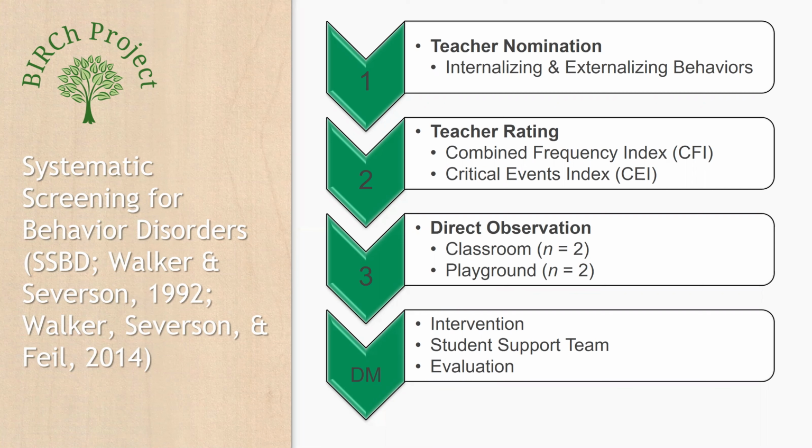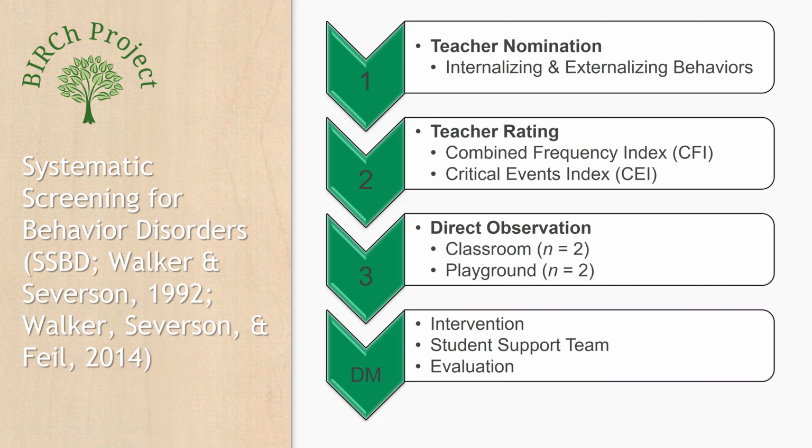The most famous approach that falls within this multiple gating category is what's known as the systematic screening for behavior disorders, or the SSBD. The SSBD involves several stages or gates, each involving a different method. And how a student performs on that particular method indicates whether the student passes on to the subsequent gate.